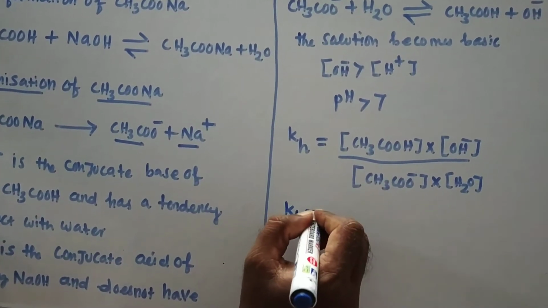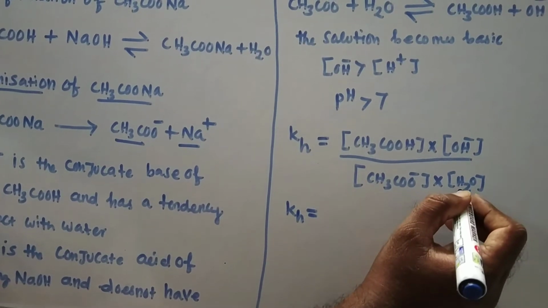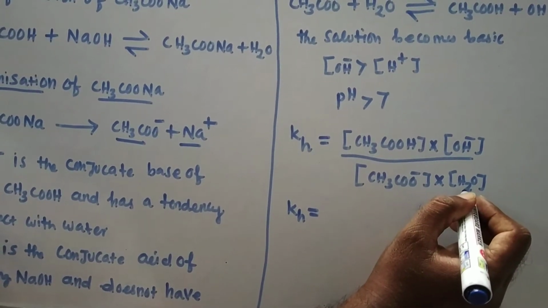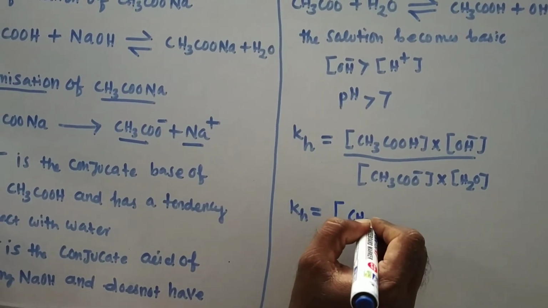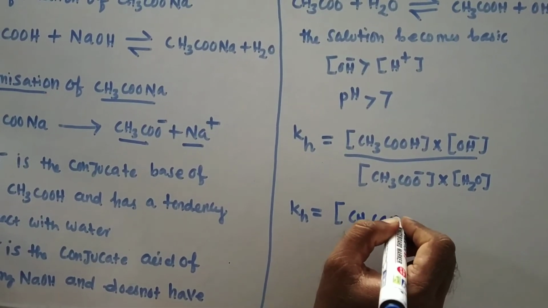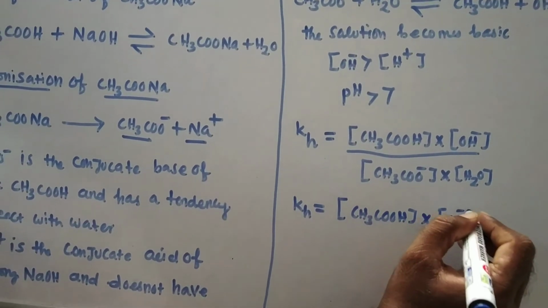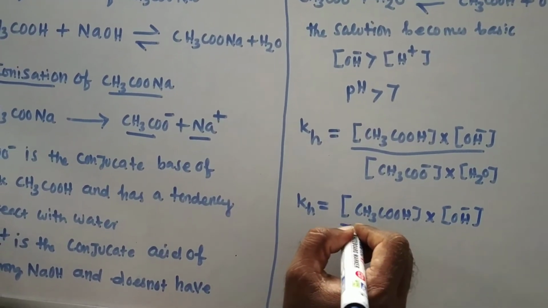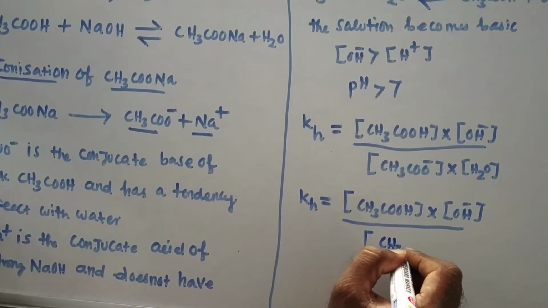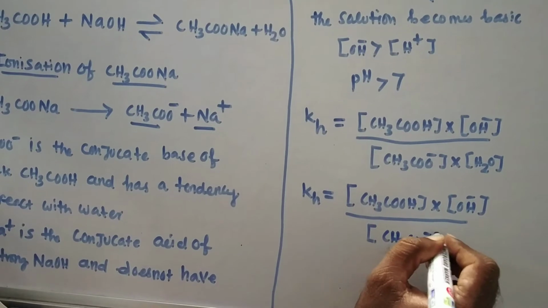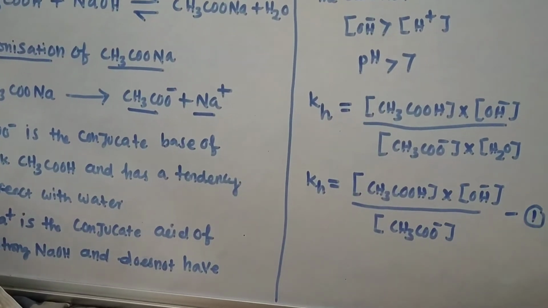It's well known that the concentration of the water is a constant, equal to unity. Therefore, this equation becomes CH3COOH into OH minus divided by concentration of the acetate ion. So this is equation number 1. Now I am going to erase the board.